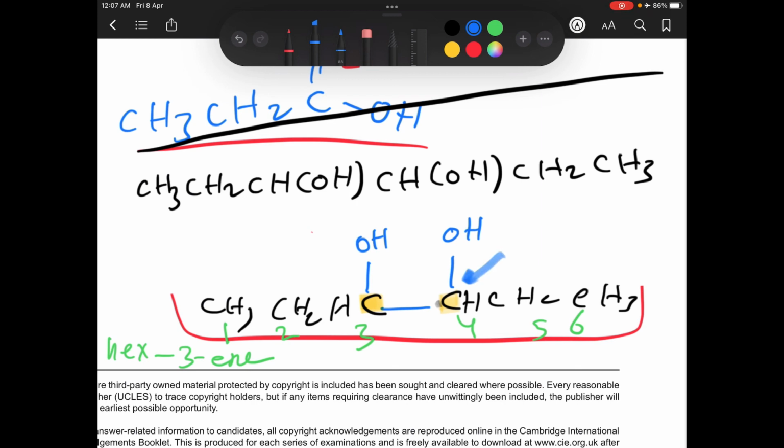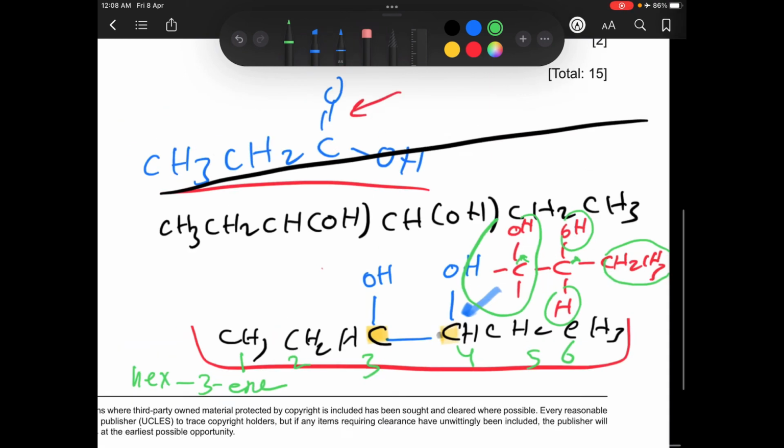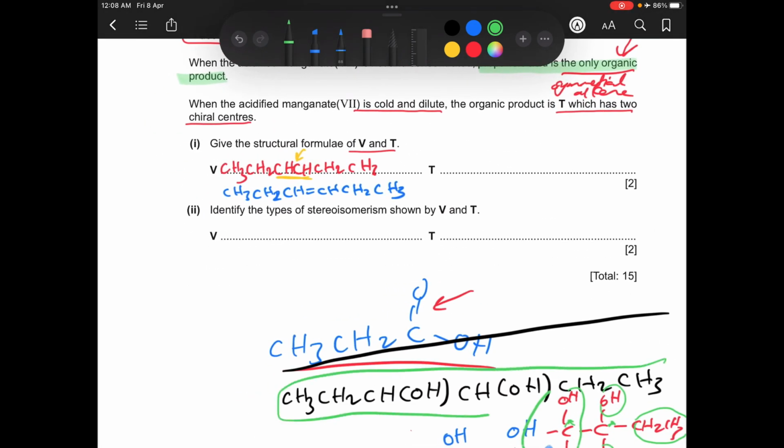If you look at this carbon, it's bonded to OH, CH2CH3, and hydrogen, and the other carbon has OH as well. So do we have 4 different groups? Yeah, we have this and this and this, and this is different. So we have 2 chiral centers in this case. So this formula will be drawn here.